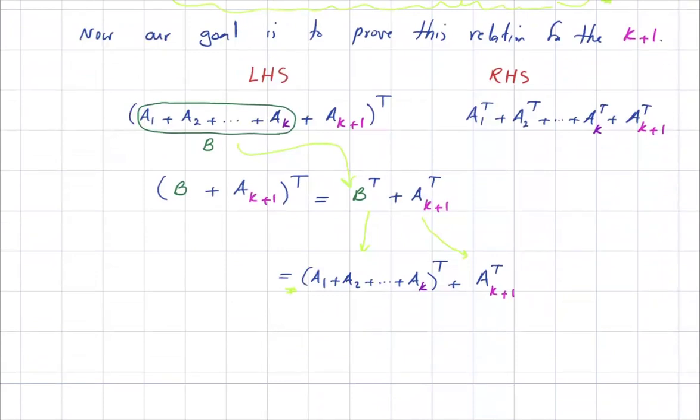So in turn, this is equal to A1 transpose plus A2 transpose plus dot dot dot Ak transpose. And then you have another matrix to add, which is A sub k plus 1 transpose. Well, now compare left-hand side and right-hand side. Your left-hand side is equal to right-hand side.